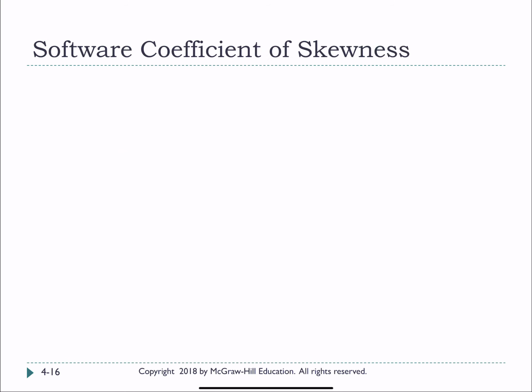So there's a second formula here called the software coefficient of skewness, okay? And this is the one I'll try to find or make an additional video for, because I'm not going to work it right now, but the formula is in your textbook, so I wanted to go over it quickly.